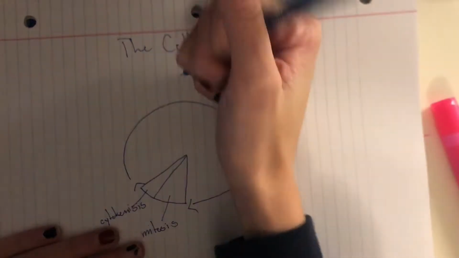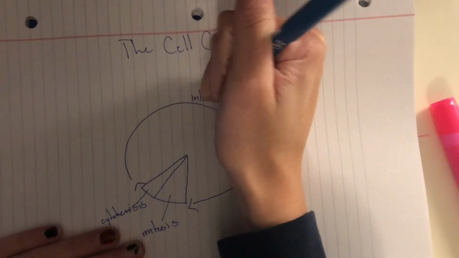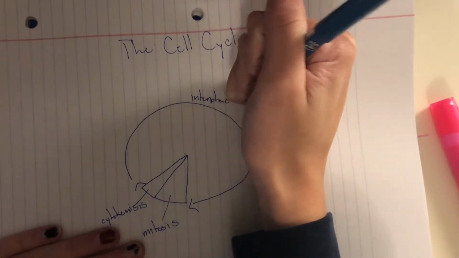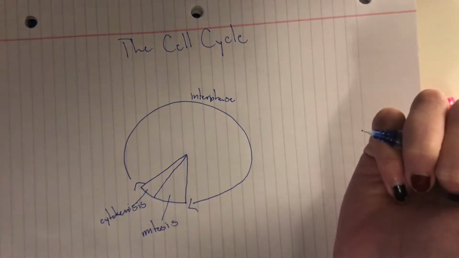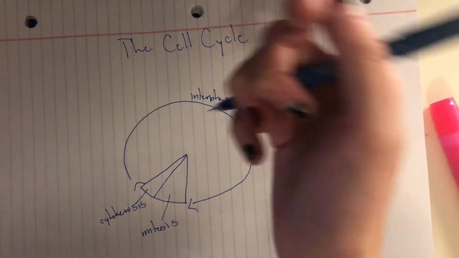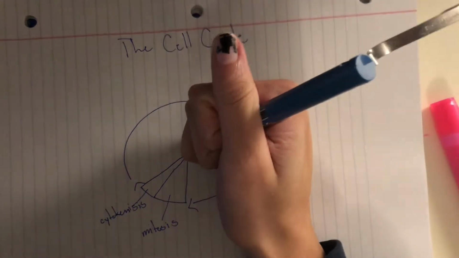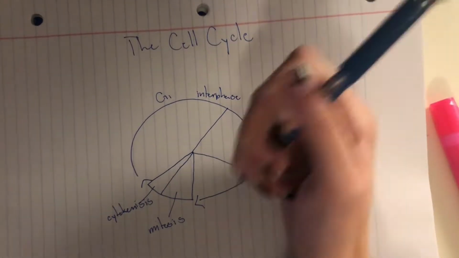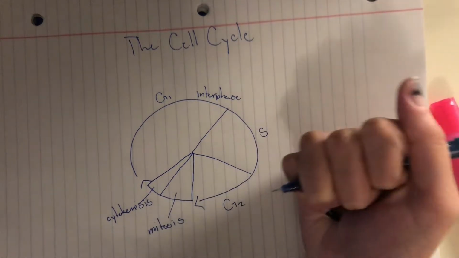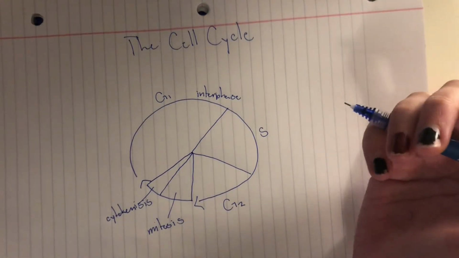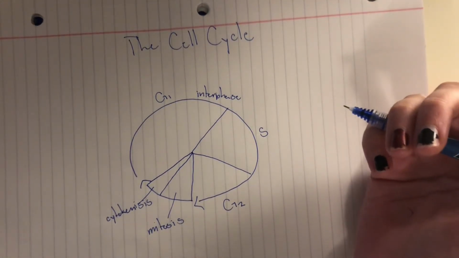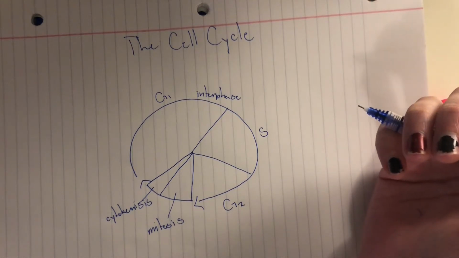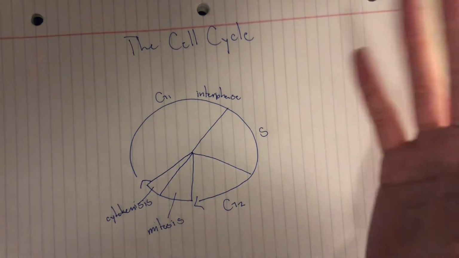The other part of the cell cycle is interphase, and this is about 90% of the cell cycle. Interphase consists of three different parts: the G1, the S phase, and the G2 phase. The cell cycle allows for the distribution of identical genetic material called DNA to two daughter cells for somatic cells.